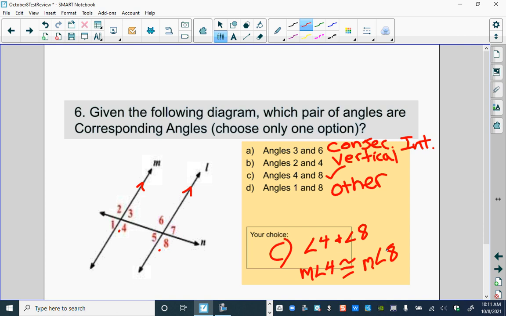Questions on these first 6? All right. Now going forward, we're probably going to be doing every other problem, because I don't want to waste time going over the same stuff double. We do one, and then you do the other on your own.